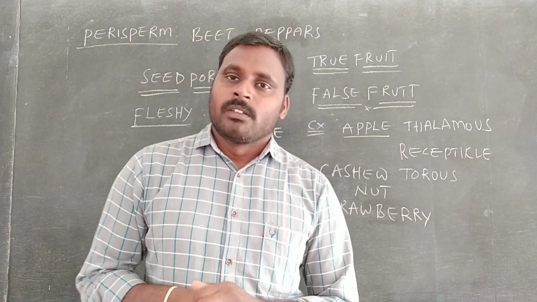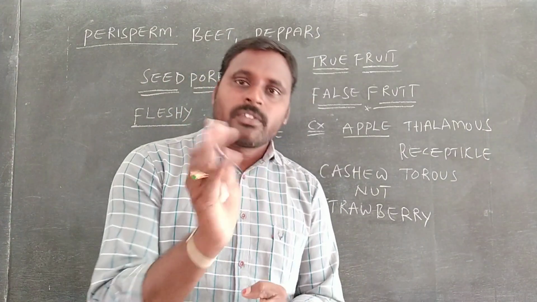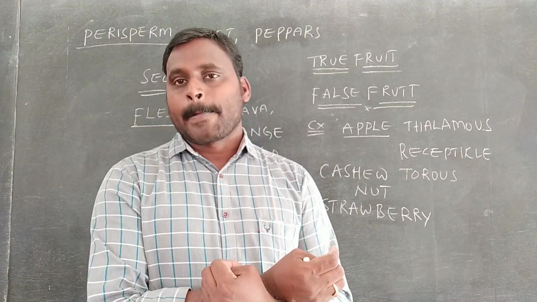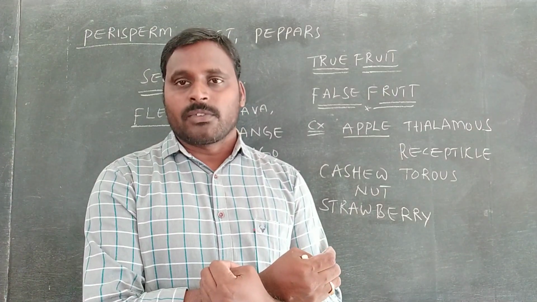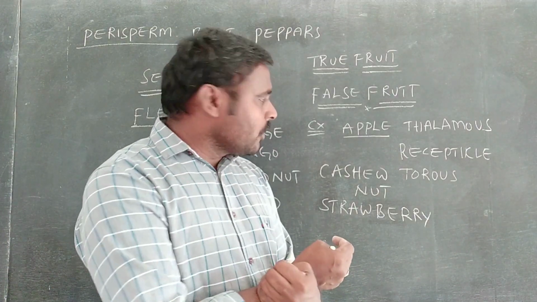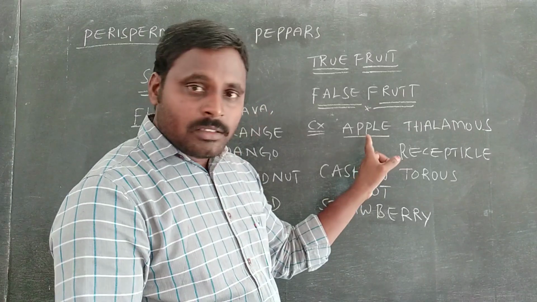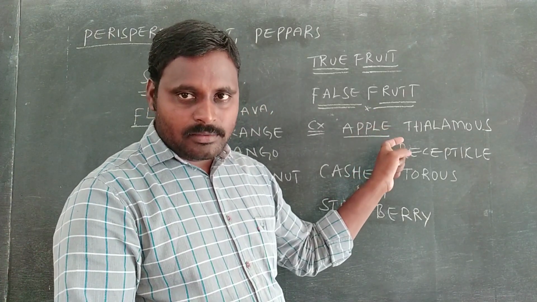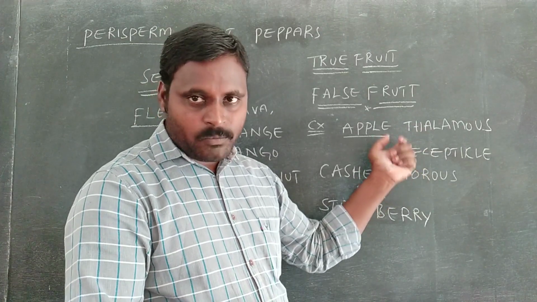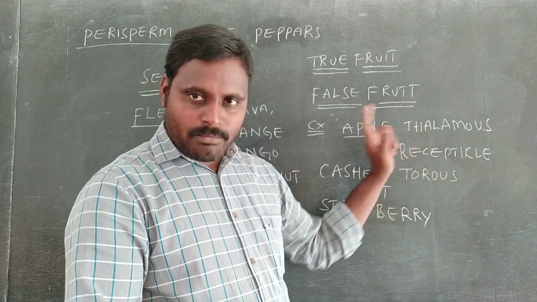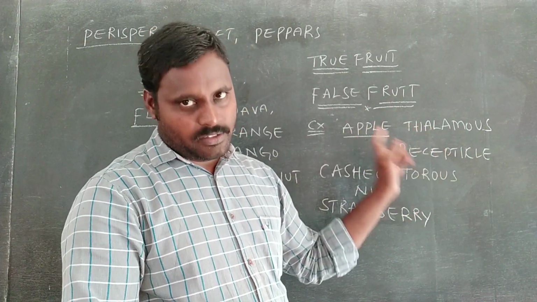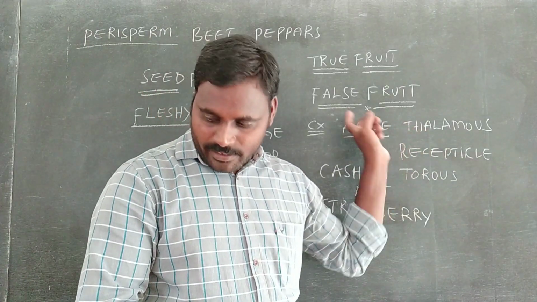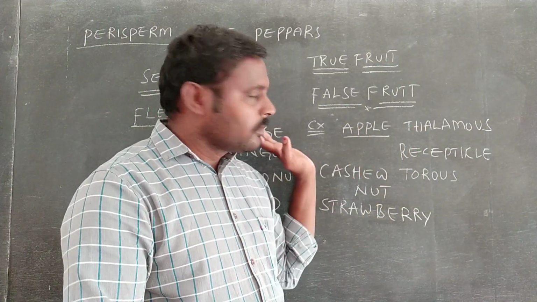One more thing: false fruits are always associated with true fruits. How can you say that? In the apple, the edible part is the thalamus, but the non-edible seed-containing part is there too. That is the true fruit, but the edible part is the false fruit. That's why false fruits are always associated with true fruits.